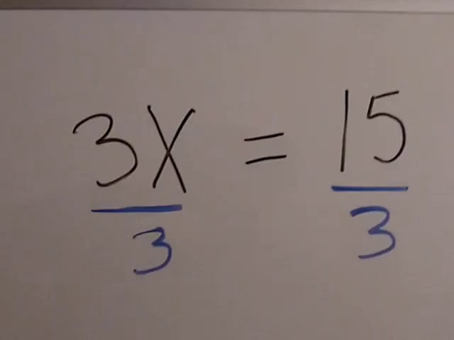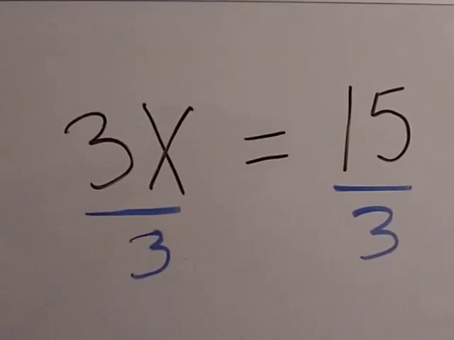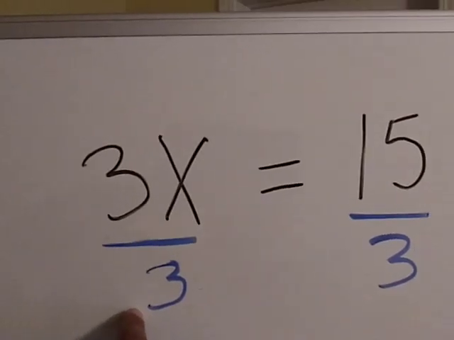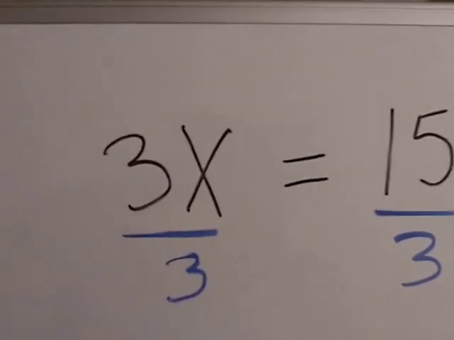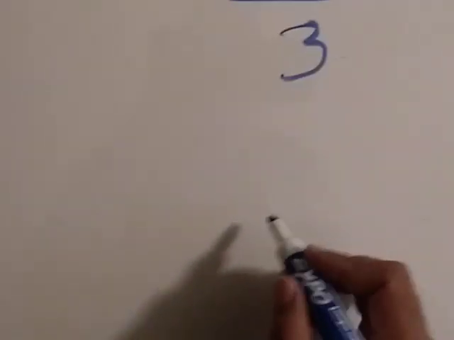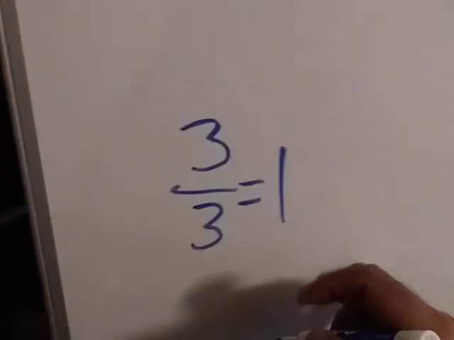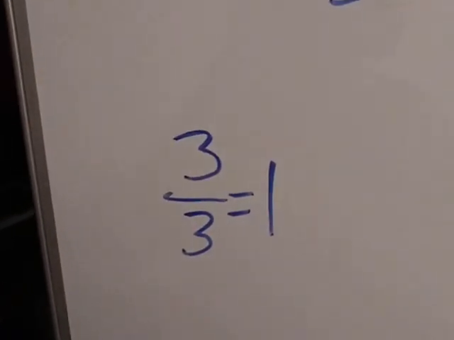One thing that needs to be remembered is that whenever you have the same number over itself, you can say algebraically that they cancel each other out. Remember that 3 divided by 3 is equal to 1, and any number or variable multiplied by 1 is just the same number itself.